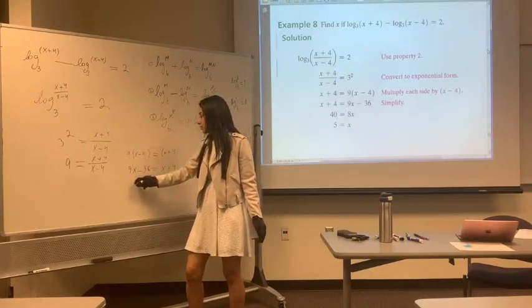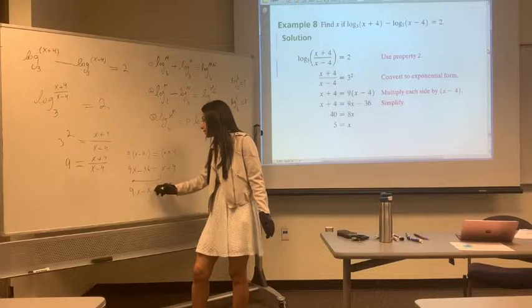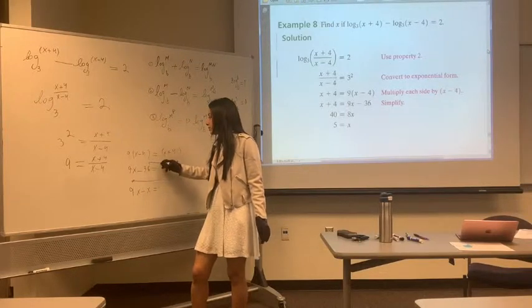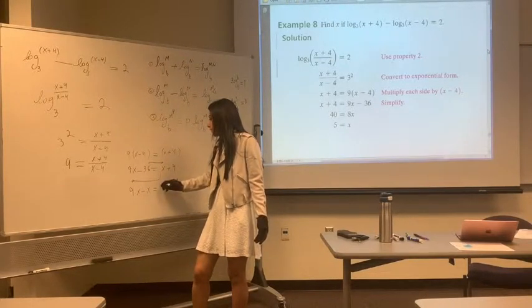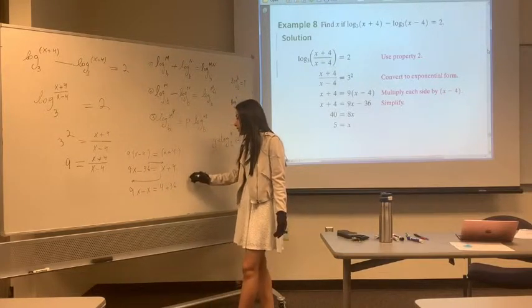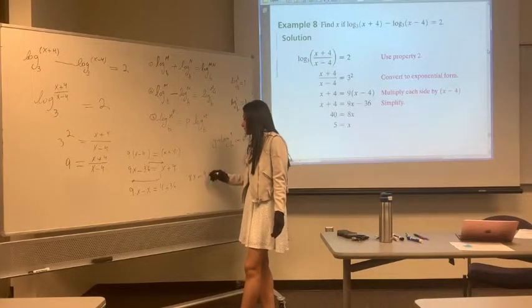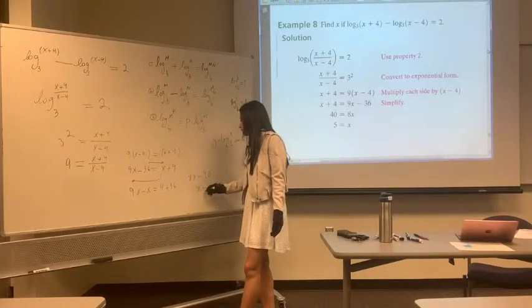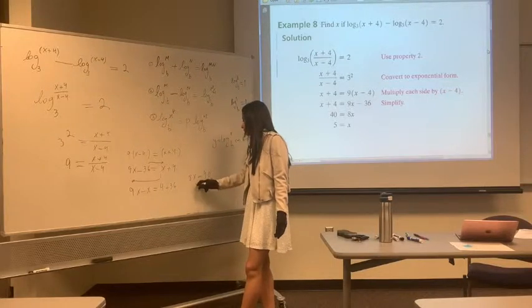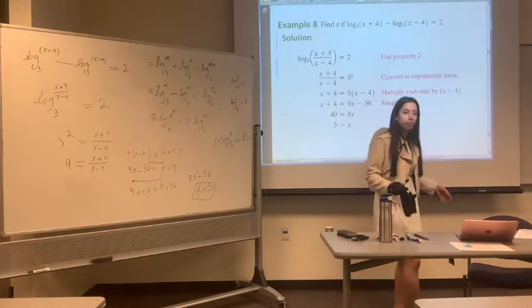This x goes to the other side. We have 9x minus x. 36 goes to the other side. We have 4 plus 36. So 8x is equal to 40. x is 5. Right?